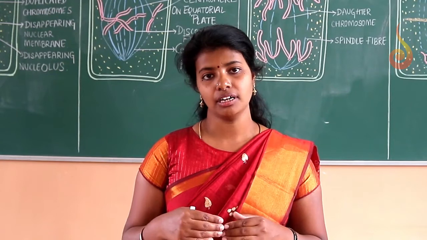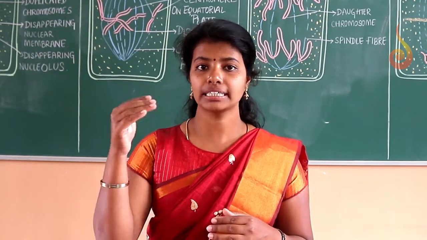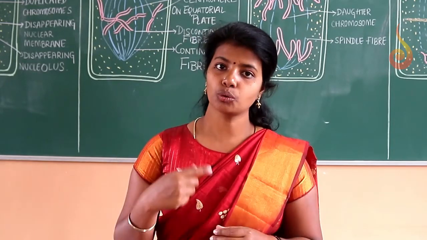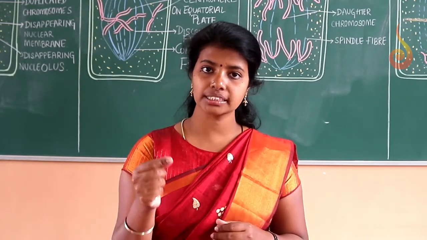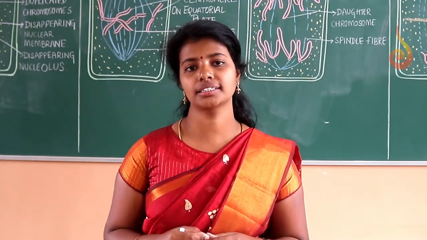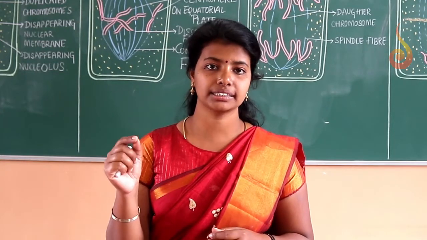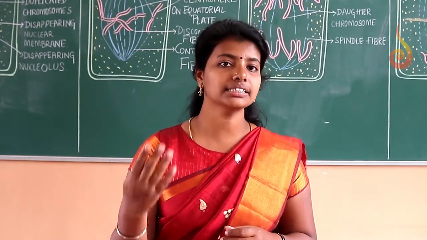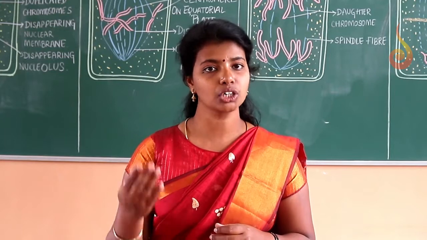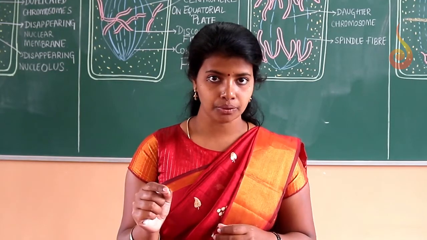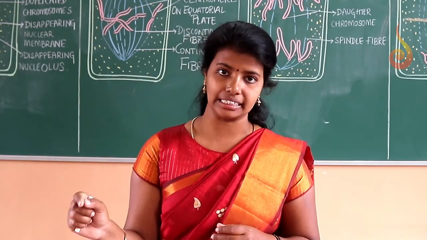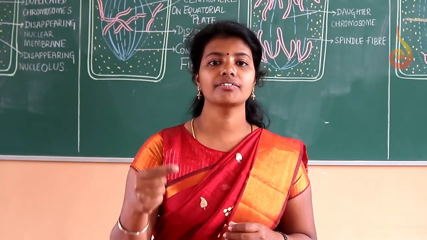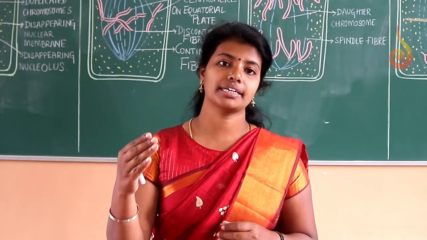Today's experiment, we have to prepare a temporary slide by using onion root tip. You all know that the root apex and the shoot apex in the plants contain meristematic cells. Meristematic cells are actively dividing cells that will help in growth. So the root tip, what we are using as a material to study mitosis, will be having actively dividing cells called meristematic cells.